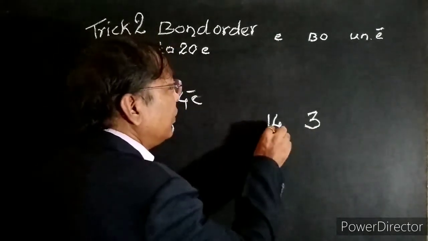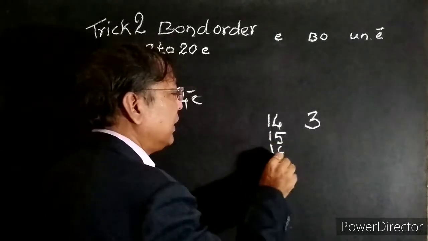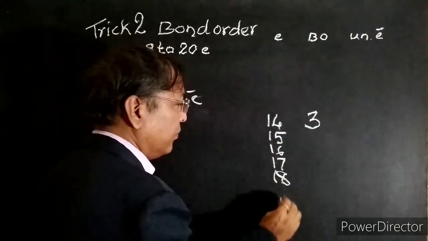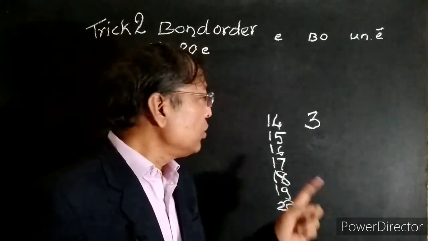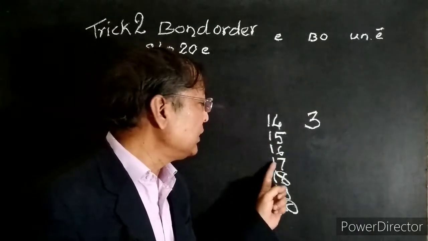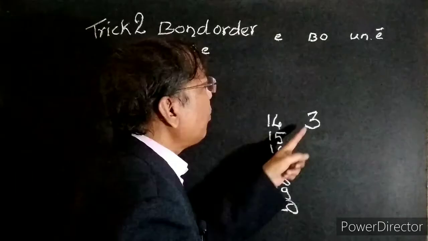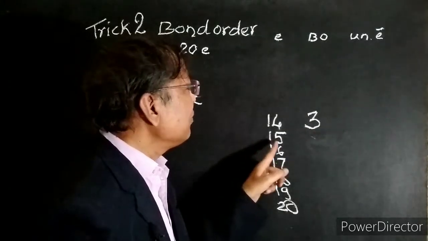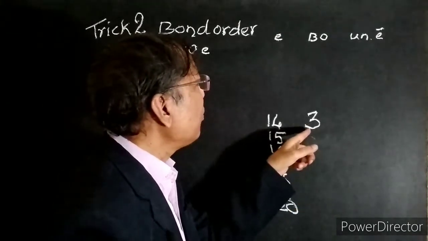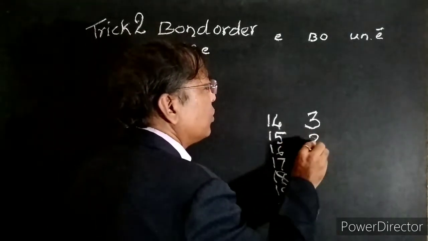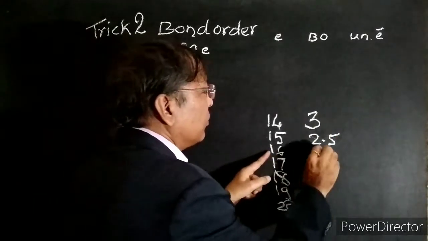Then write the number of electrons 15, 16, 17, 18, 19 and 20. Now, to find the bond order of a molecule containing 15 to 20 electrons, you just need to subtract 0.5 each time. If the molecule contains 15 electrons, its bond order is 3 reduced by 0.5, which becomes 2.5. Go on reducing 0.5.